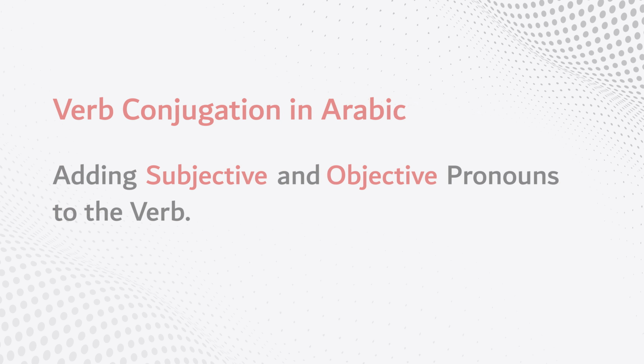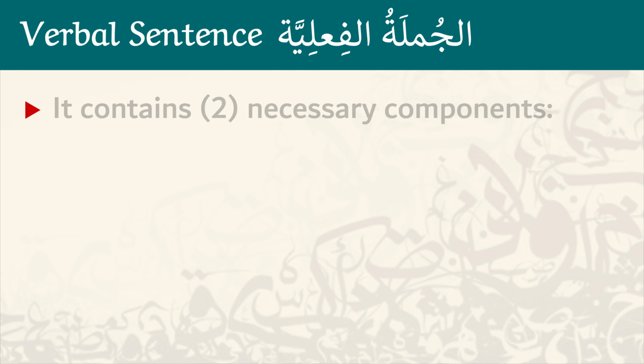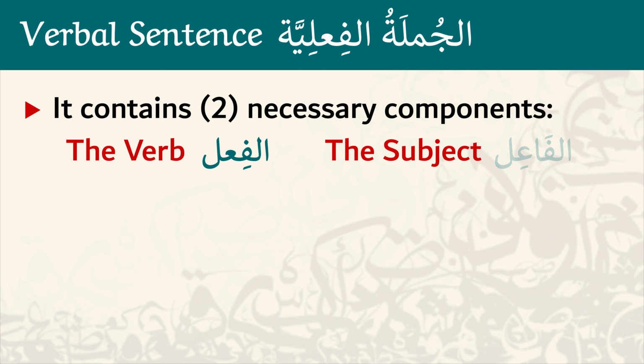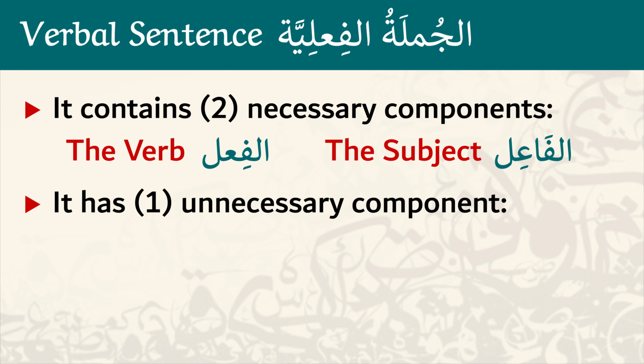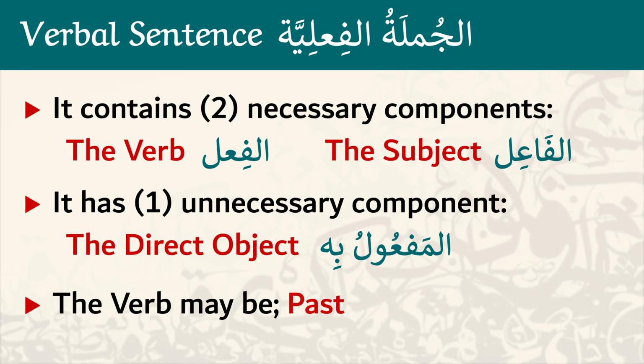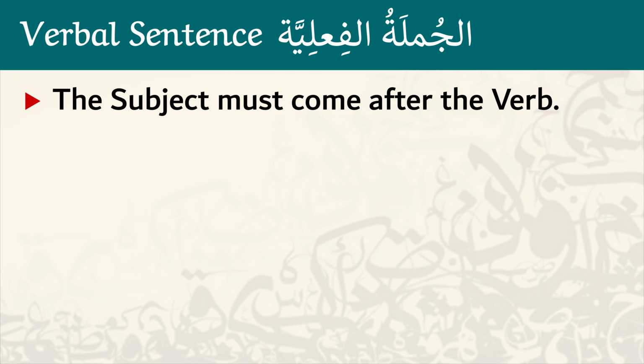Let's review today's lesson. A verbal sentence contains two basic components: the verb الفعل and the subject الفاعل. And there is a third component that might show up: the direct object المفعول به. The verb might be a past, a present, or even a command verb. The subject الفاعل must come after the verb, and it has three forms.